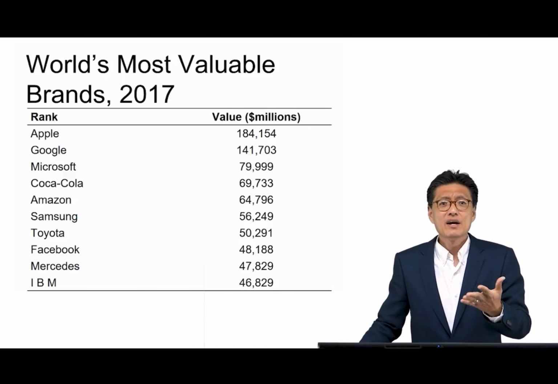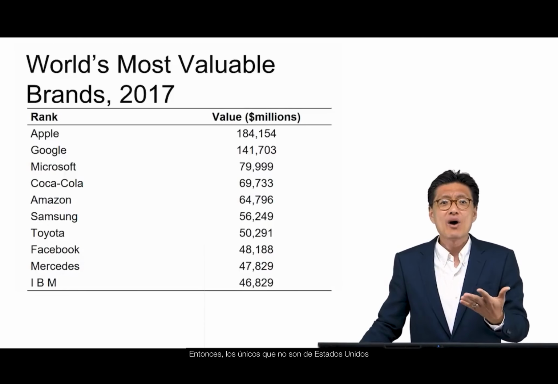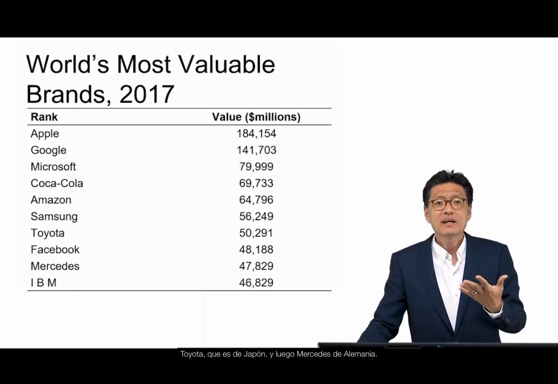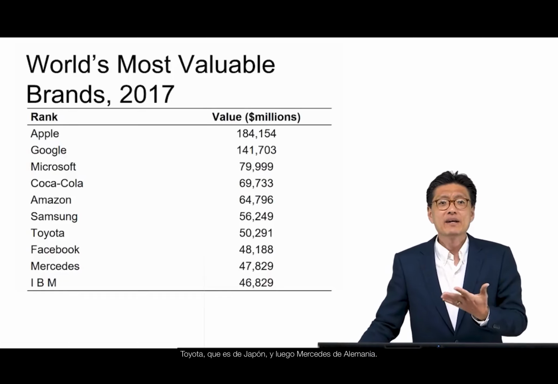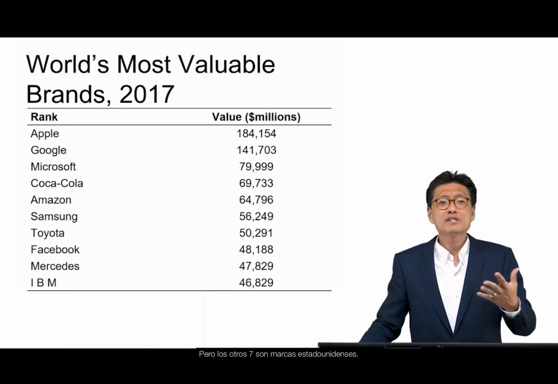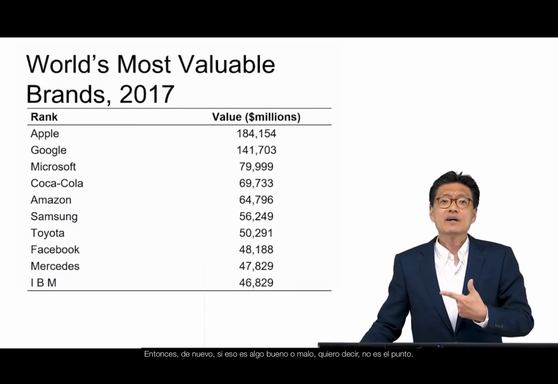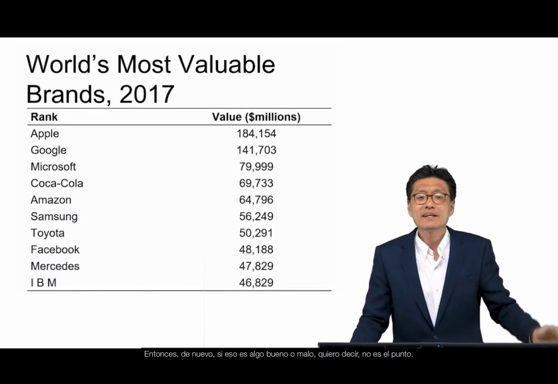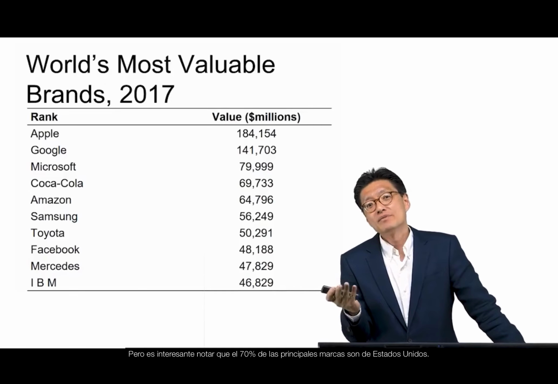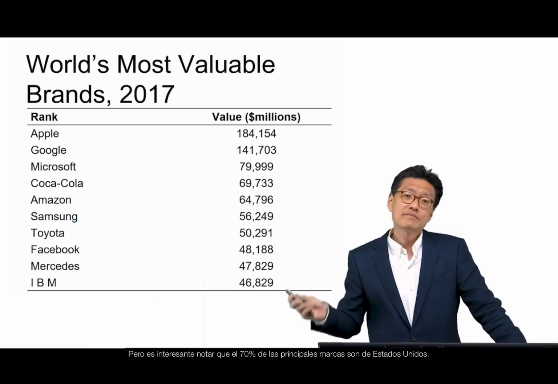The only non-U.S. ones are Samsung, which is from Korea, Toyota, which is from Japan, and Mercedes from Germany. But all the others, the other 7, they're U.S. brands. So whether that's a good thing or a bad thing, that's not the point. But it's interesting to notice that 70% of the top 10 brands are from the U.S.